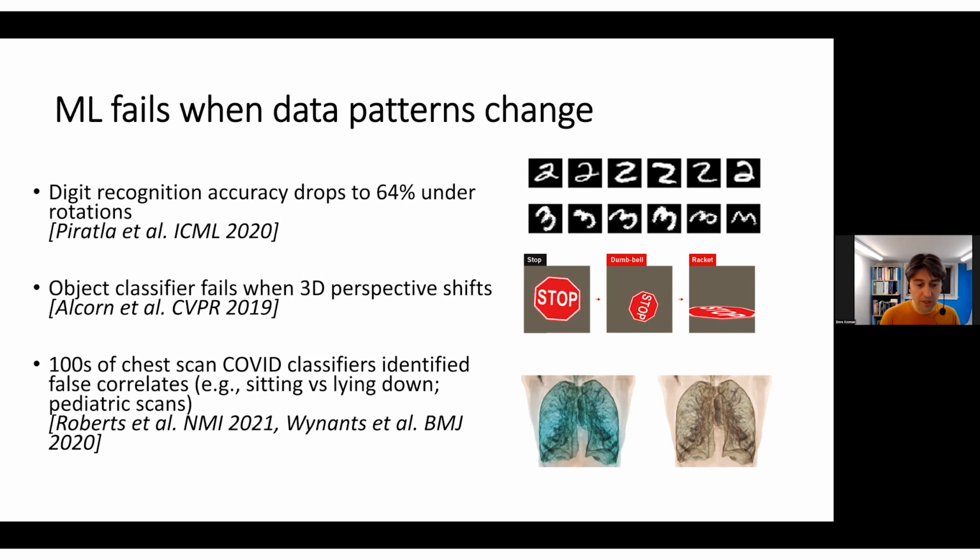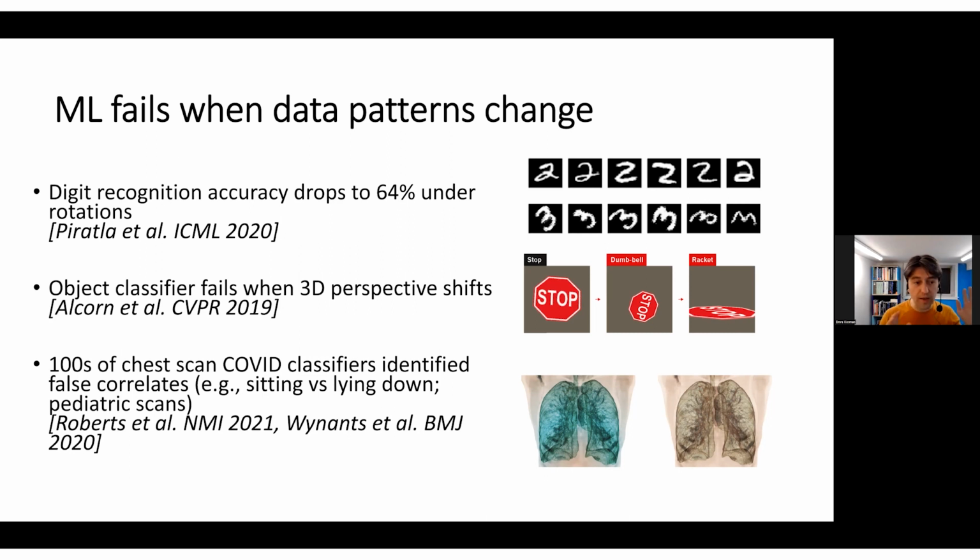And these aren't just about the kinds of benchmark problems we see. This happens in the real world as well. So early on in the COVID pandemic, hundreds of labs around the world started building machine learning models that would look at chest scans, CT scans of someone's lungs to identify or diagnose whether that patient had COVID.